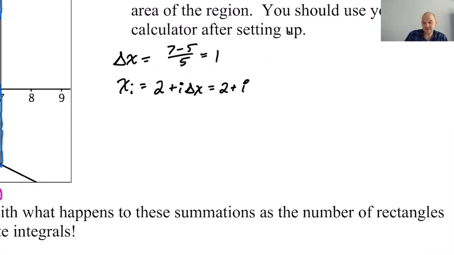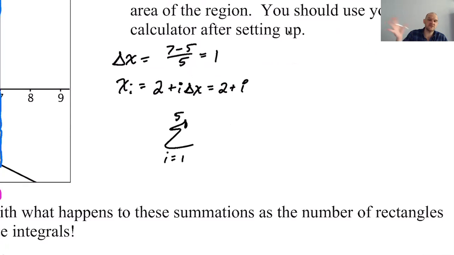So our summation, if we write it, is going to be the sum from i equals 1 to 5, because there's 5 rectangles. If there were 10, it would be i goes from 1 to 10, of the height, which is f of x sub i minus g of x sub i. So that's the height times delta x.